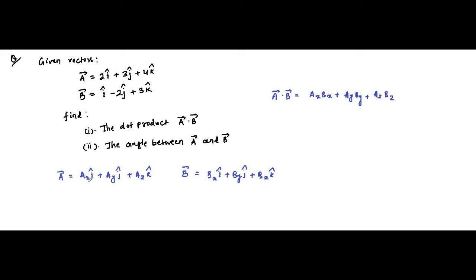Where ax, ay, az are the x, y and z components of a vector, and bx, by, bz are the x, y and z components of b vector.